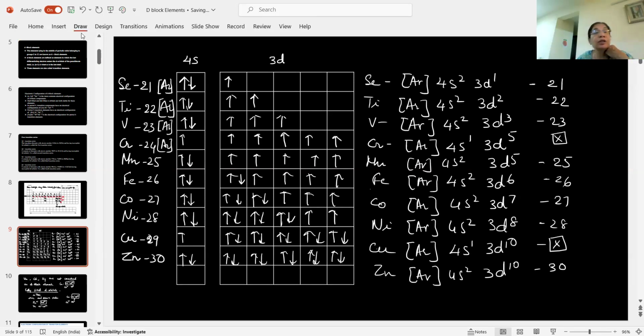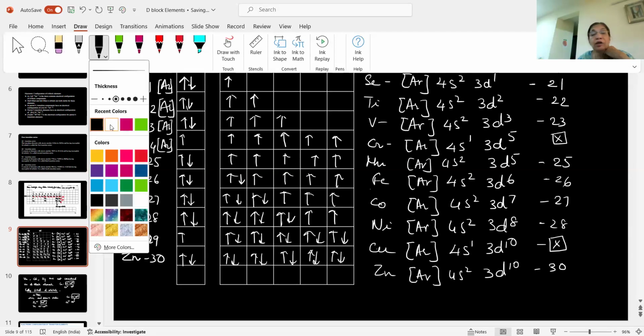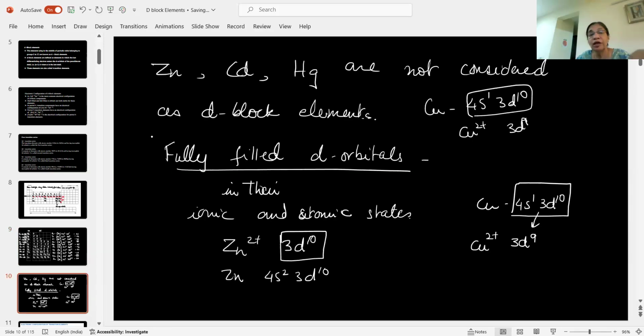Why are these two special cases? Because half-filled and fully filled orbitals are more stable, the electron from the S shell goes into the D shell. So instead of having 4s2 and 3d9, copper has 4s1 and 3d10. So this is what I just told you. Zinc, cadmium, and mercury are not considered as D block elements.